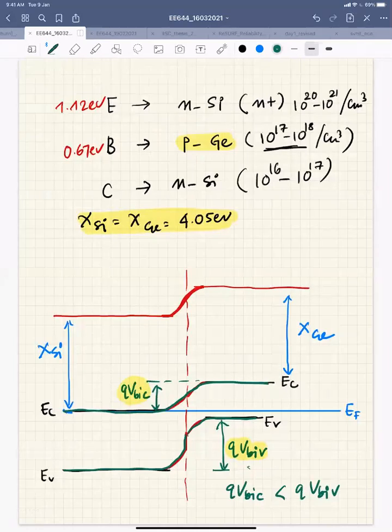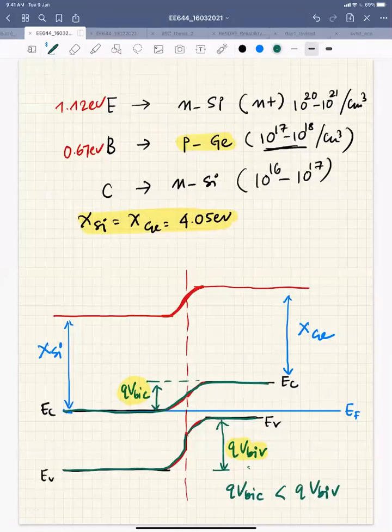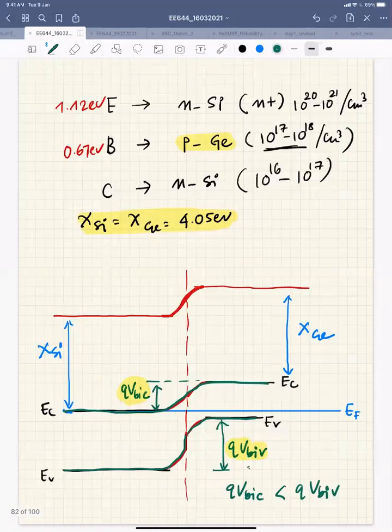That will depend on your band gap. If your base material has much lower band gap than the emitter material, then you'll have more asymmetric barriers.